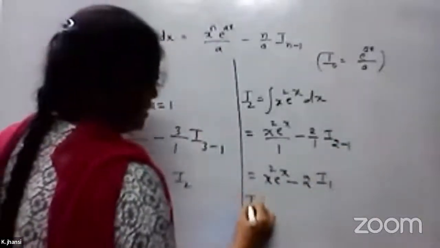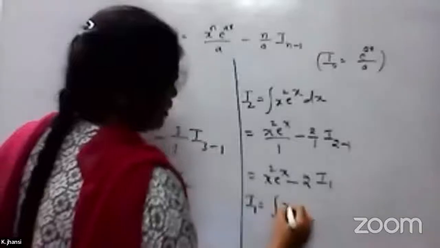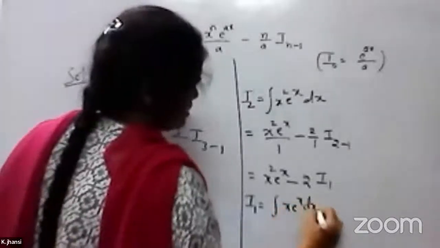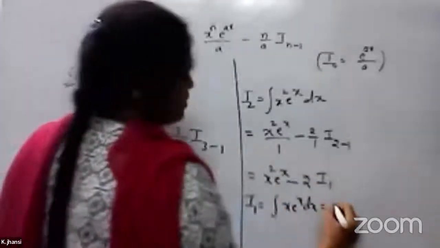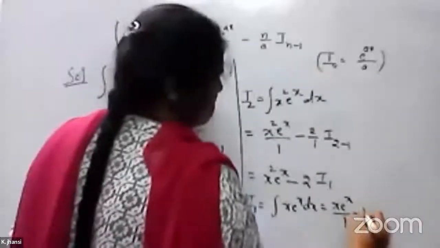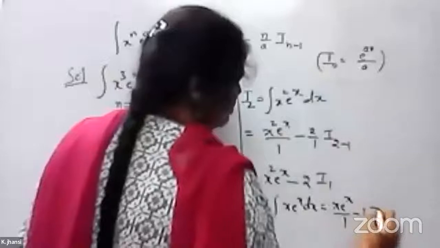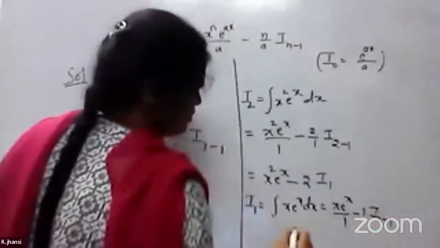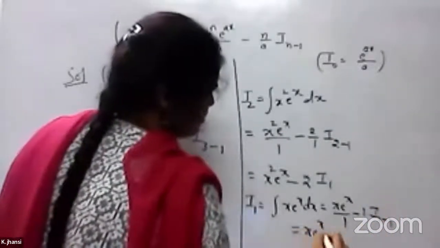So here I1 is equal to the integration of x e power x dx. It is equal to x e power x by 1 minus 1 by 1 into I 1 minus 1. It is equal to x e power x minus I naught.